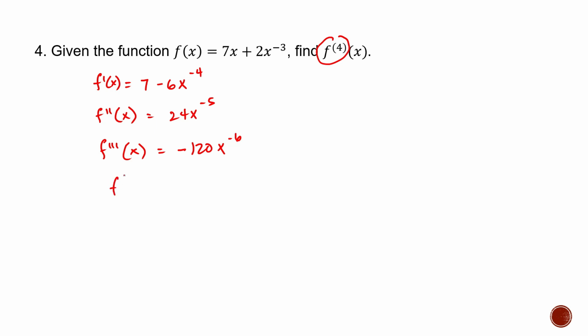This is big right here. Okay, negative 6 times negative 120, excuse me, 720, that's positive, x raised to negative 7, or 720 over x raised to 7.